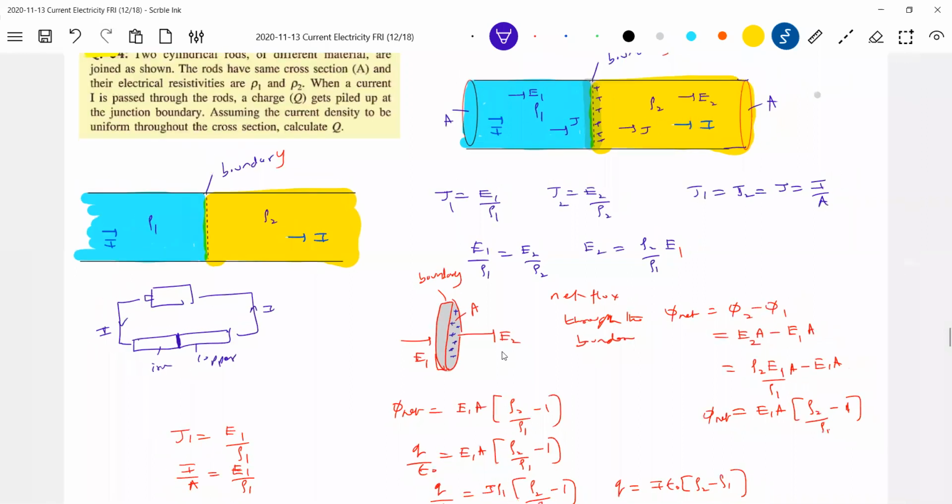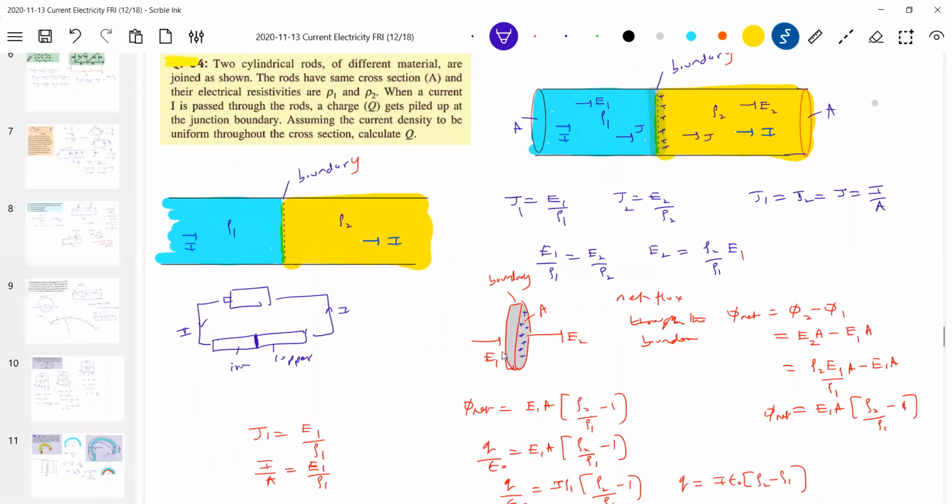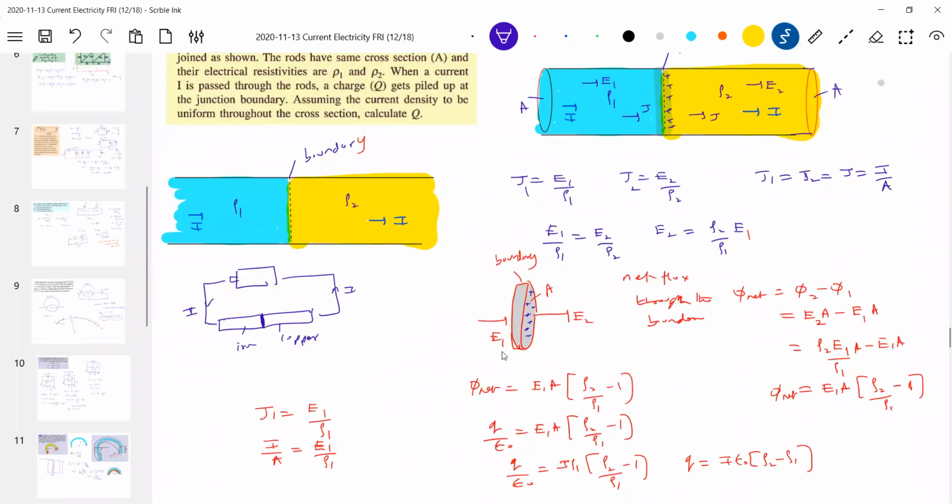These are the boundary conditions. So that's why in a lab we never go for using more than one wire of different materials; accumulation of charge will occur at the junction. At our level, we have only found the charge. In most equipment, that particular charge should not be deposited inside the equipment.